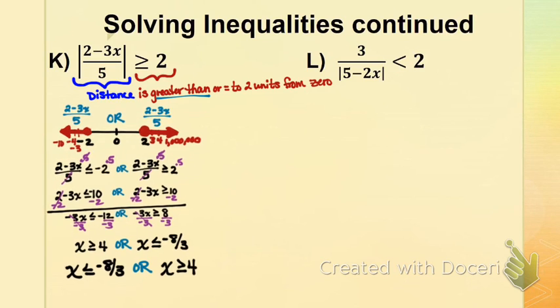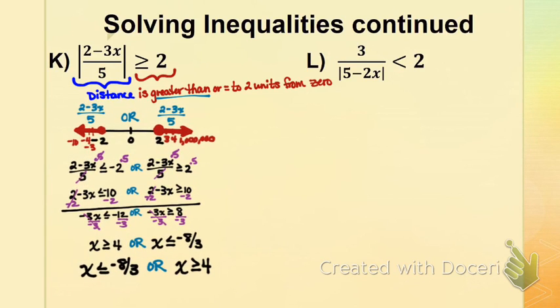All right, I'm going to bring this up a little bit higher. There we go. How do I write the first inequality as an interval? Negative infinity, negative 8/3. What should go around these? Parenthesis and then a bracket.